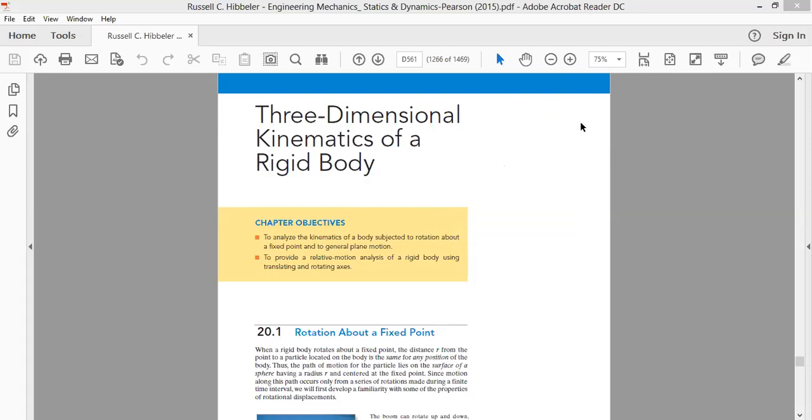But before we go ahead in discussing the kinematics of rigid bodies in three dimensions, we have to discuss some important concepts first. We should be acquainted with these concepts before we go ahead in applying the equations in three dimensions.